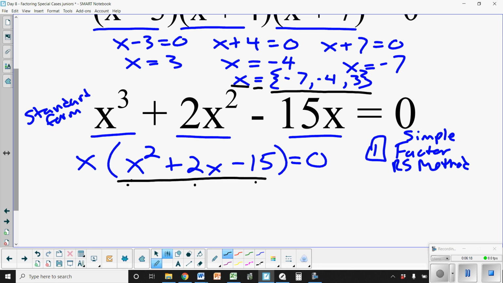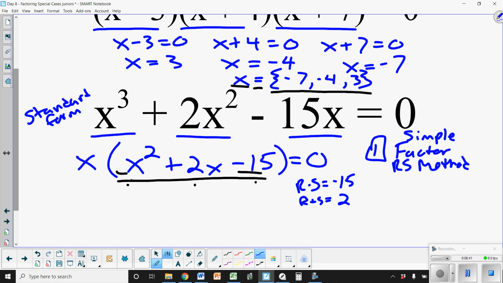So let's factor that now. R times S is equal to our A term times our C term. So A times C is going to be -15. And then R plus S has to equal my middle term, which is 2.